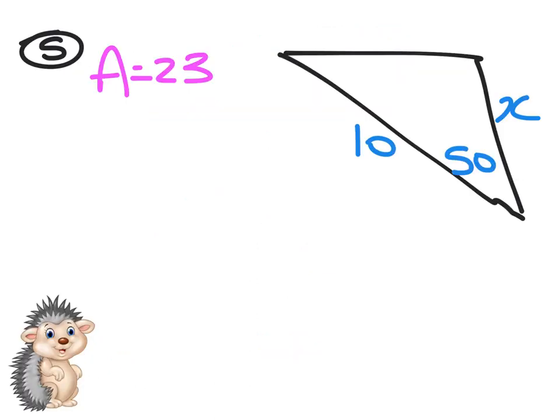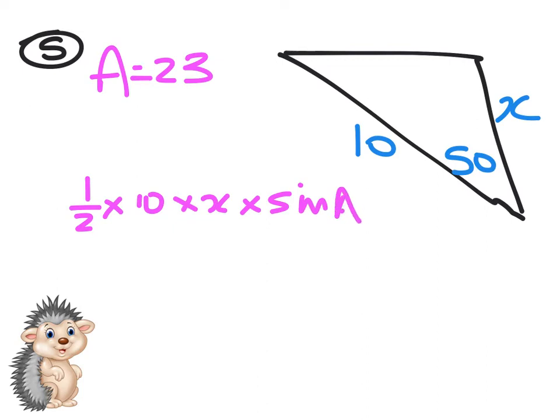Okay, question 5. We know the area of the triangle is 23. Formula for the area of a triangle is half times side times side times sine the angle. Okay, and we know that equals 23.